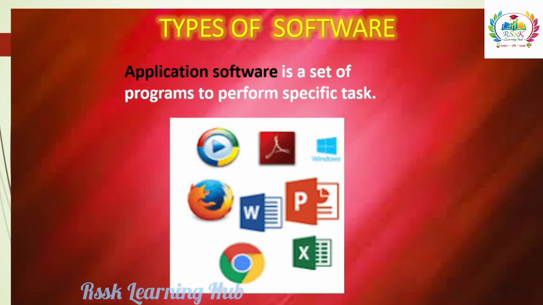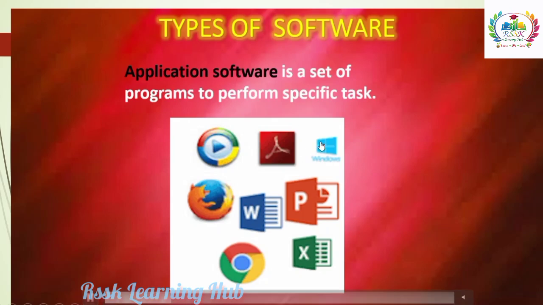For example, MS Office Word package is the application software to create your text document, and VLC video file format player is a familiar application software to play audio, video and many more files.